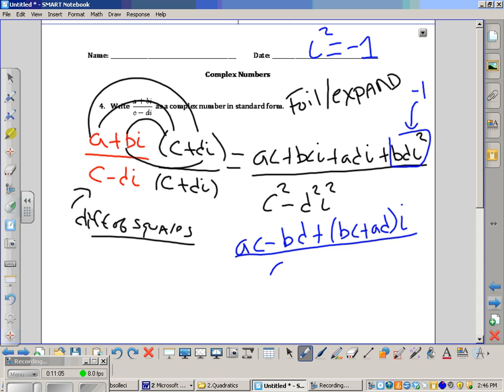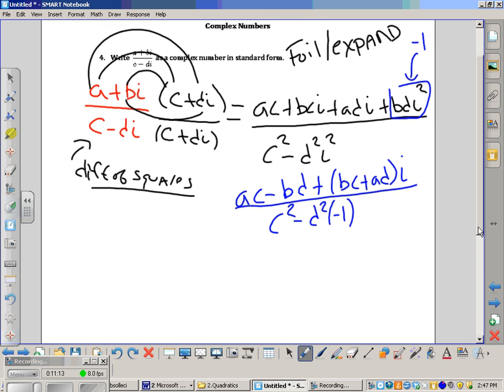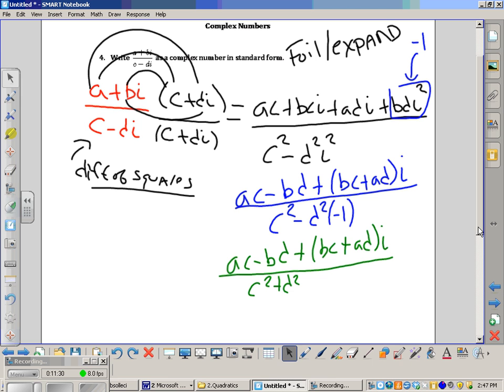Underneath, in the denominator, i squared is -1. So we have c squared minus d squared times -1. So one last thing to do. Keep in mind, guys, if you can do it with letters, you can do it with numbers much easier. So this is a good place to begin in the most general form.